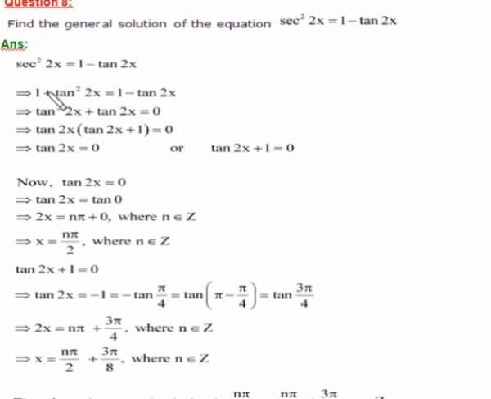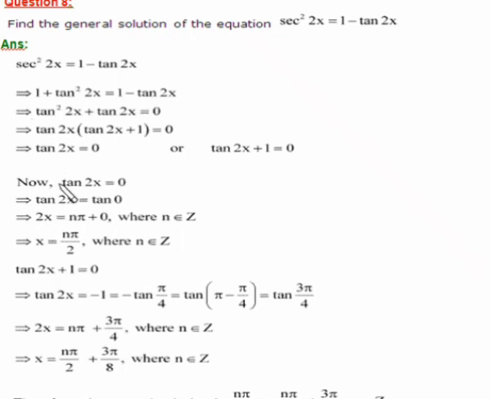Now come to this question: sec² 2x is equal to 1 − tan 2x. We know the identity sec² x is equal to 1 + tan² x. So we put the same with the angle: 1 + tan² 2x is equal to 1 − tan 2x. Take this to one side: tan² 2x + tan 2x.